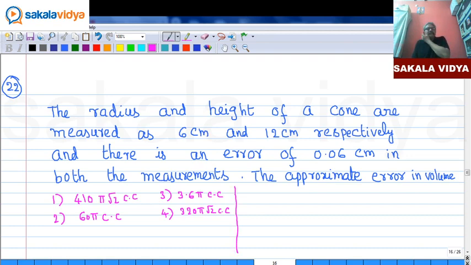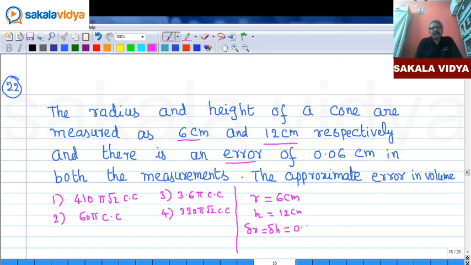So, this problem is related to the cone problem. What is given here? Radius r is equal to 6 centimeters, height h is equal to 12 centimeters, and errors in both measurements are given, each equal: delta r equal to delta h equal to 0.06 centimeters, and we need to find the approximate error in volume.